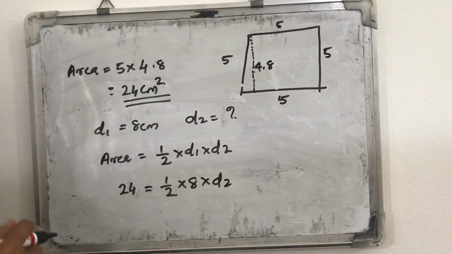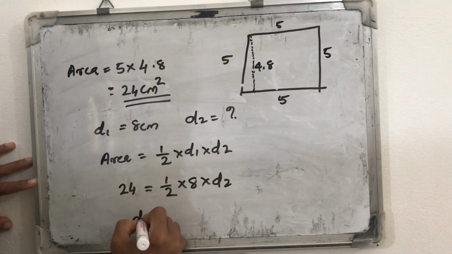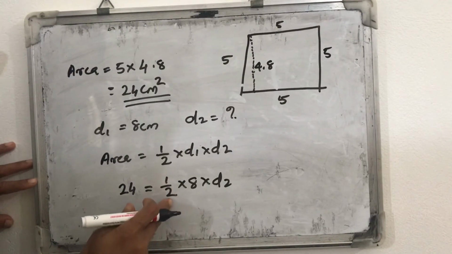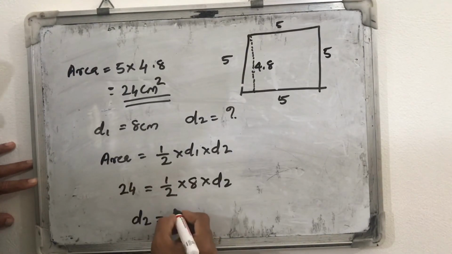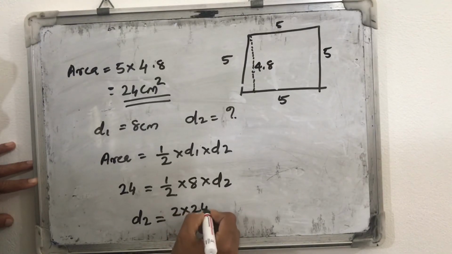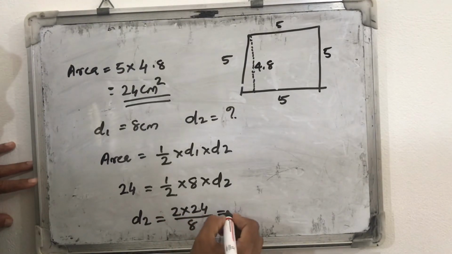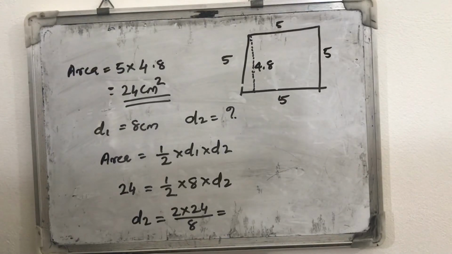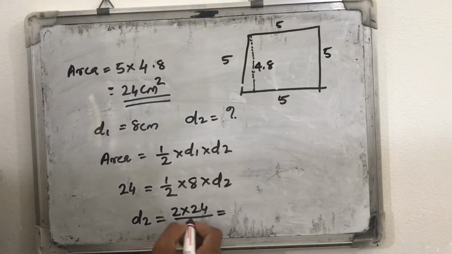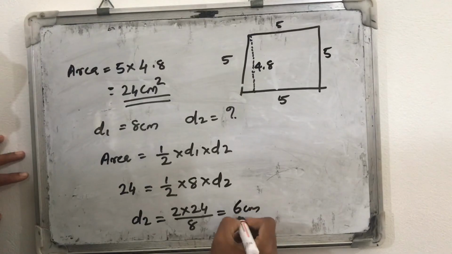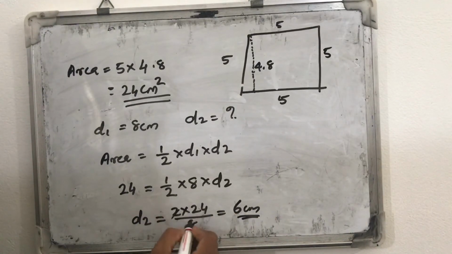From here it is very easy to find the length of the second diagonal. D2 equals 2 into 24 divided by 8. After calculation you will get 6 centimeter.